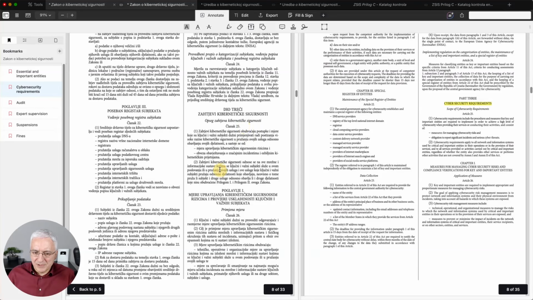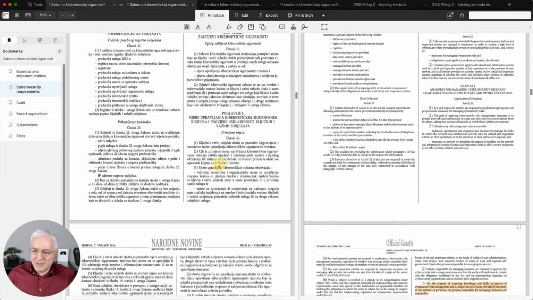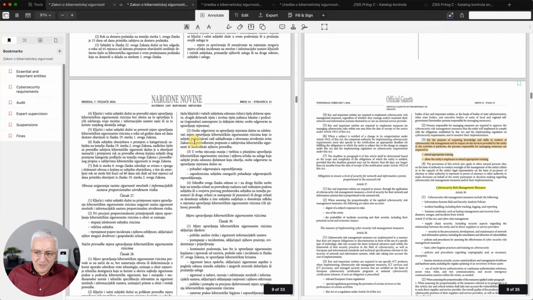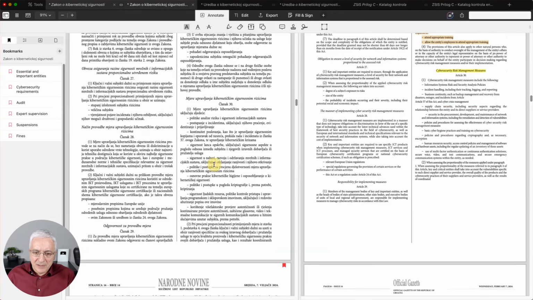As you can see here, there are some general requirements, but here you can also see some requirements related to cybersecurity training. By the way, I have a separate video which explains how to implement NIS2 cybersecurity training and awareness. You can see the link below. And then here you see a list of cybersecurity measures that are needed.